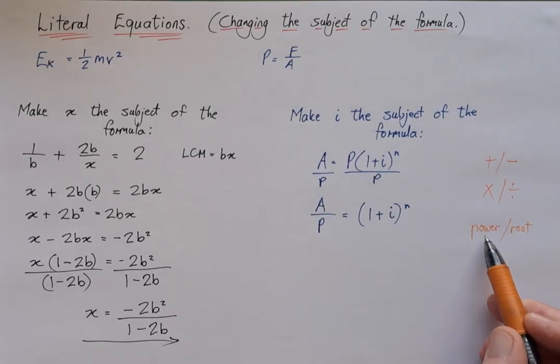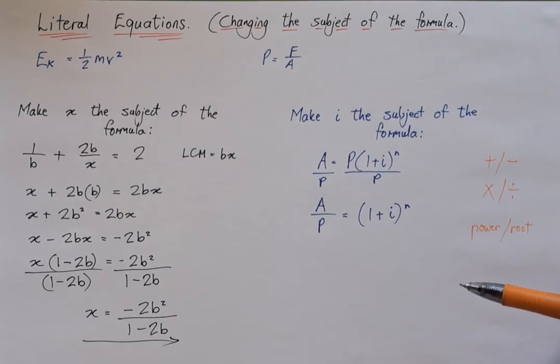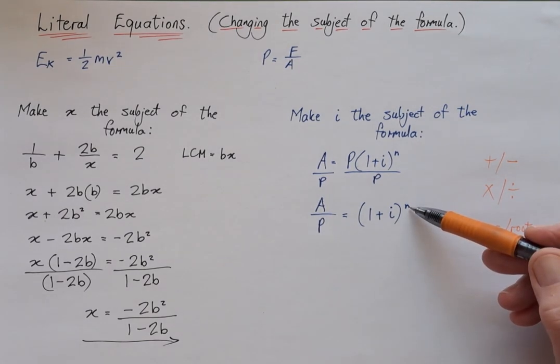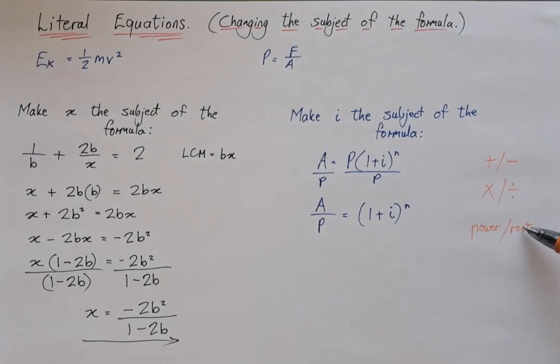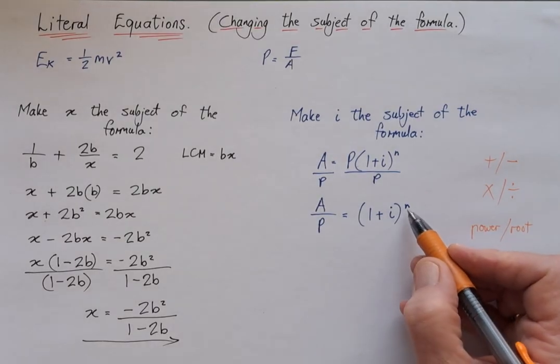If the power is squared, for instance, the inverse operation of squaring will be square rooting. The inverse operation of cubing will be cube rooting. The inverse operation of the nth power, in other words, something to the power of n, will be the nth root.